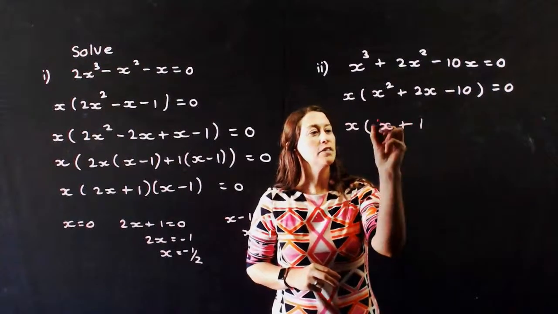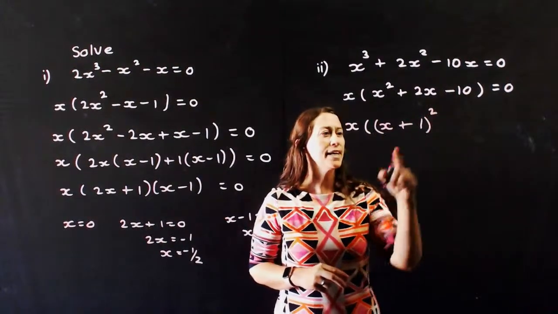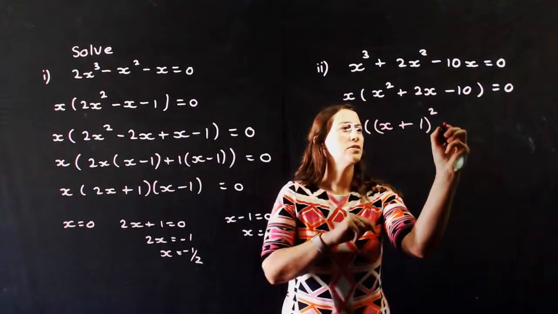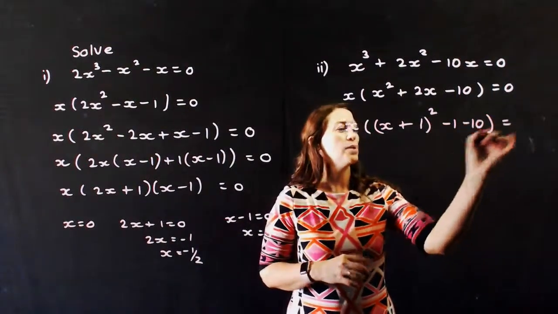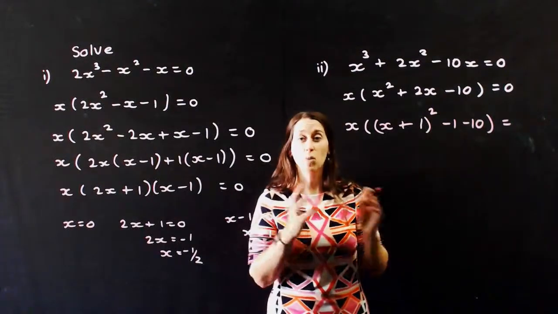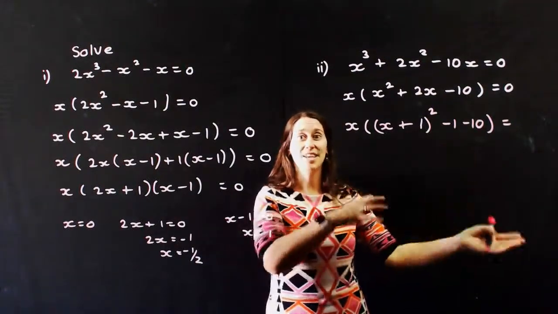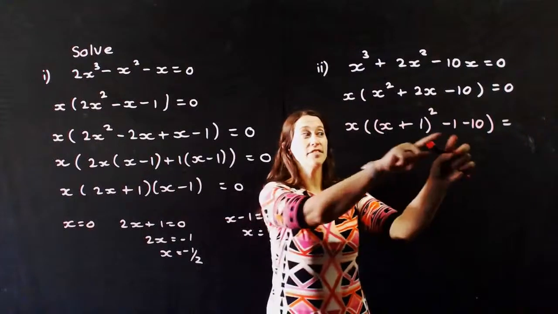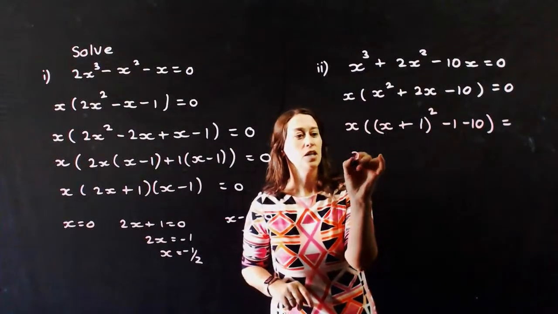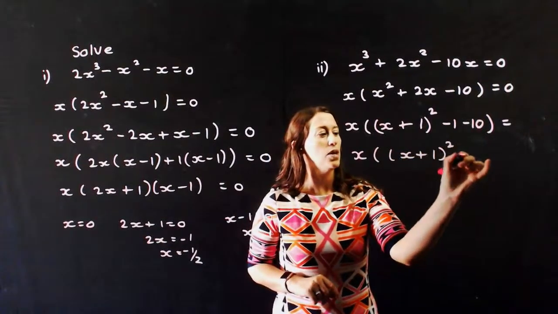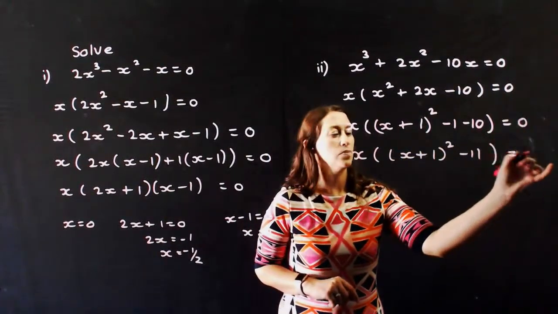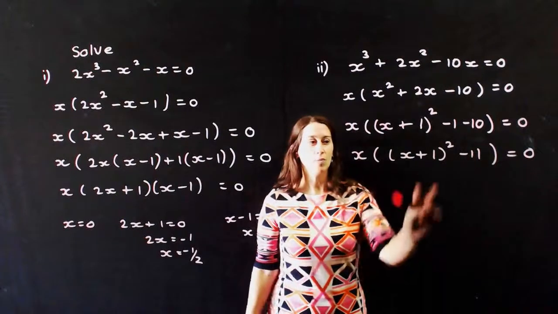So when I complete the square of this, I get minus the 1 minus 10. Obviously I've thought to myself, I'm going to be adding that 1 to both sides, and what will happen to the 10 on the other side. So altogether, simplifying this gives me minus 11. So let's just write this. I've got x plus 1 squared minus 11 equals 0. Now that's completed the square.